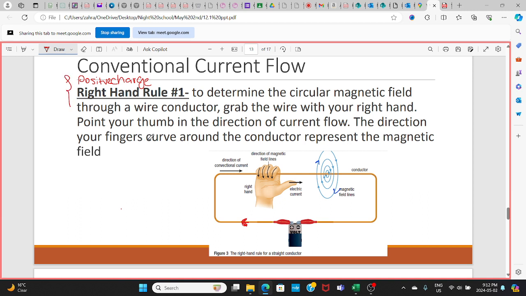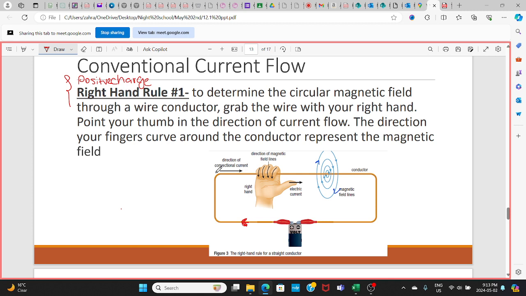If the positive charge is moving to the right, I put my finger to the right. If the positive charge is moving to the left, I have to put my finger to the left. My finger could be in any direction, but I have to use my right hand for positive charge always.